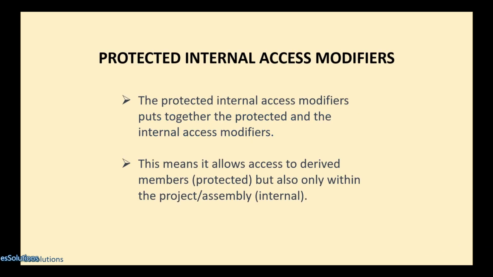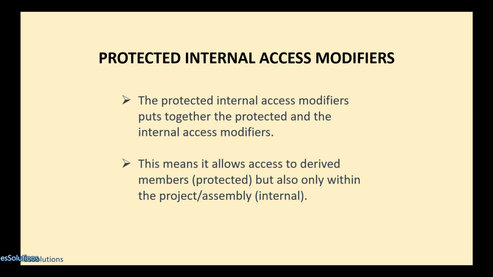So the protected internal access modifier puts together the protected and the internal access modifiers. When we have protected, it means that if you are inheriting from another class, you have access to it. But the internal says everything within that particular project.